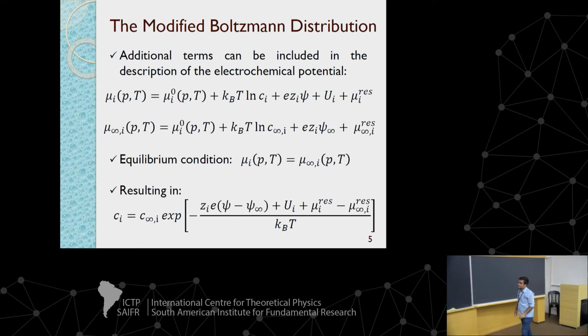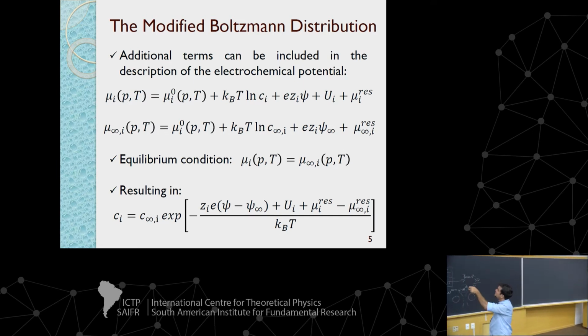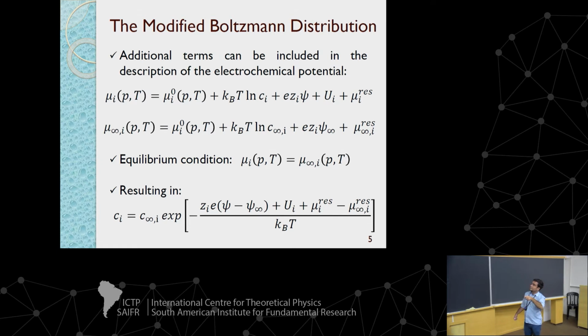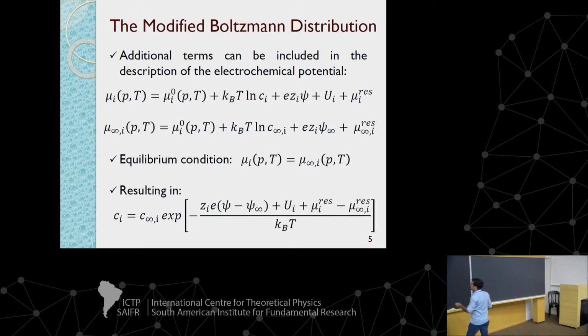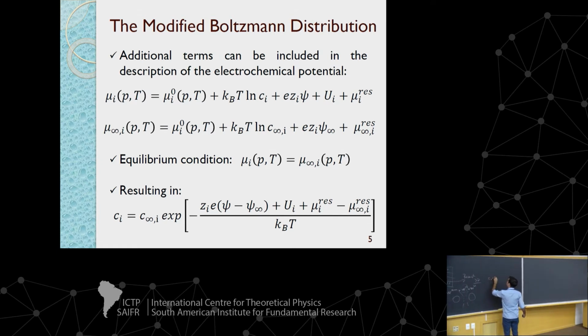If we compare to what we got yesterday, we have this one, there is new, and this one, and all of this, okay? Here, what we got yesterday was Ci equal to C infinity i, exponential of minus Zi e psi over kBT.